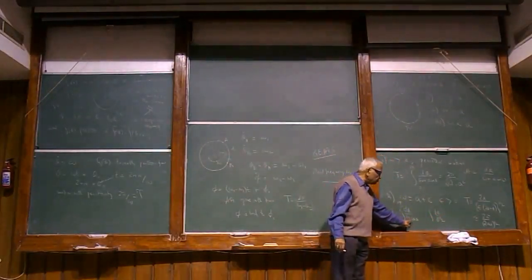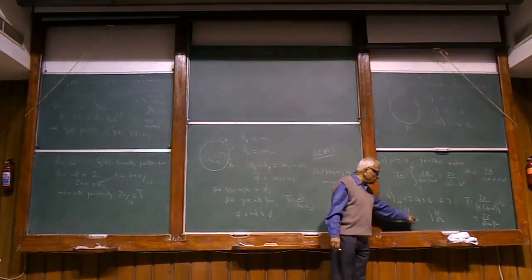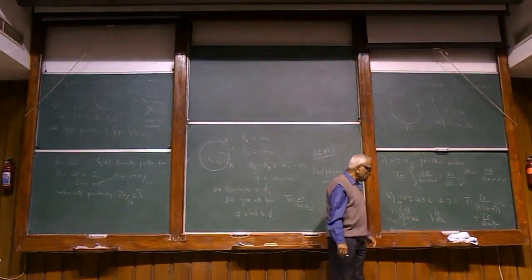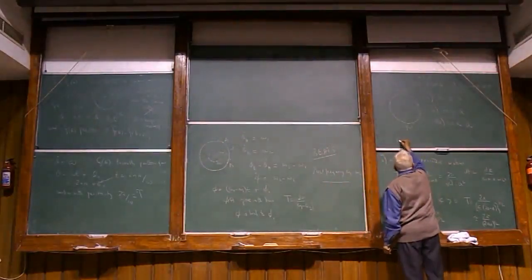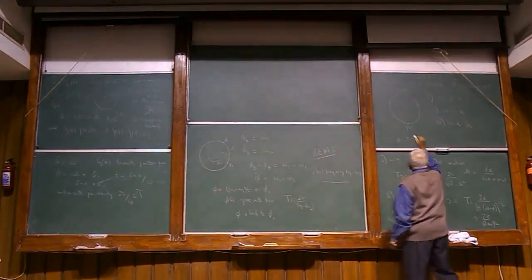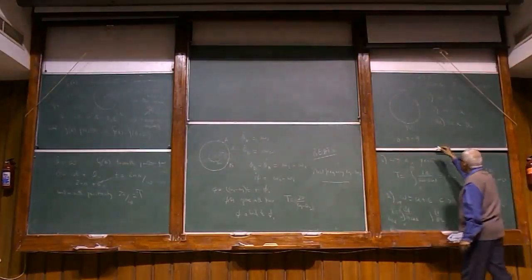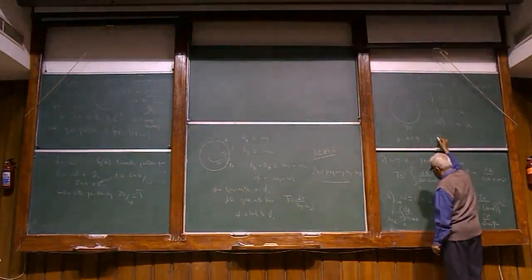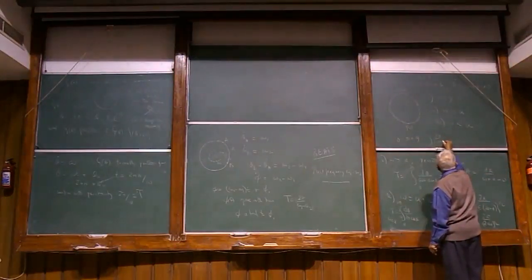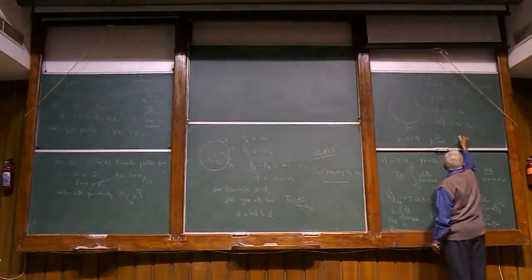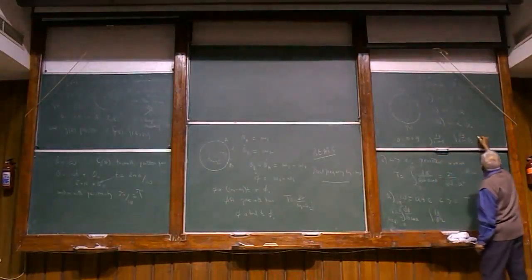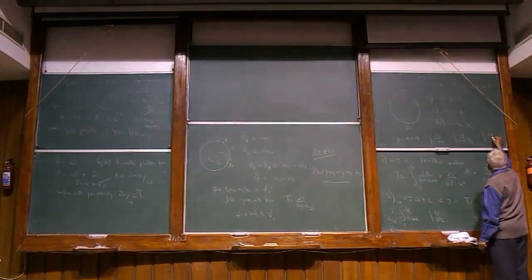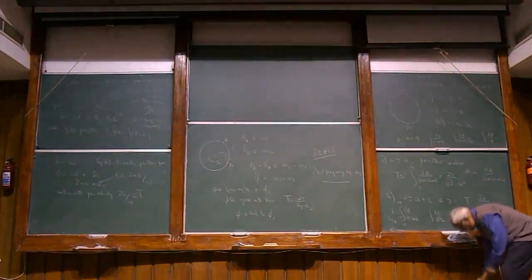But this is 1 plus cos theta, the blow up is around theta equal to pi. So if you write theta equal to pi plus phi, let's say, to look at the region near pi, then this is like d phi over 1 minus cos phi, which is d phi over 2 sine square phi by 2, which means for small phi, this is like d phi over phi square.